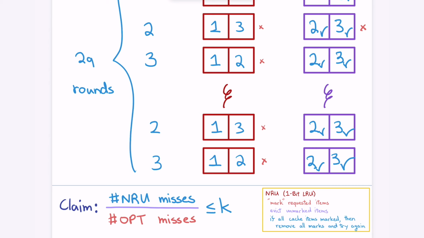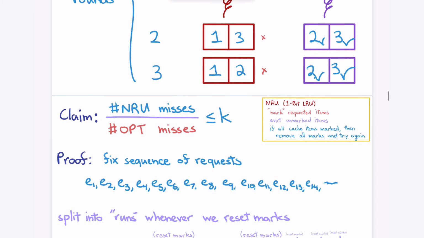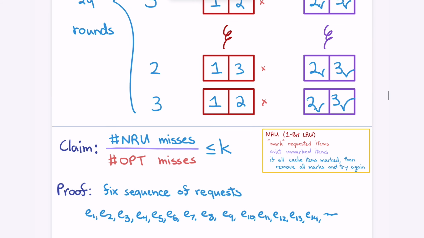All right. Let's show this thing has a worst-case bound of k. Other questions? To get started, we'll fix some sequence of requests, between 1 and n. Since we're doing the marking algorithm, we're going to split this sequence up every time we reset the marks.